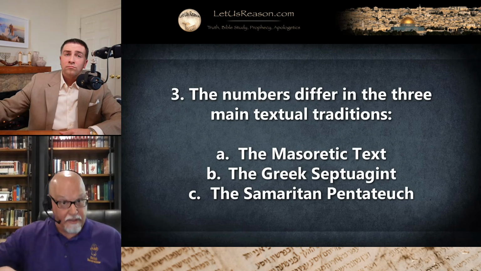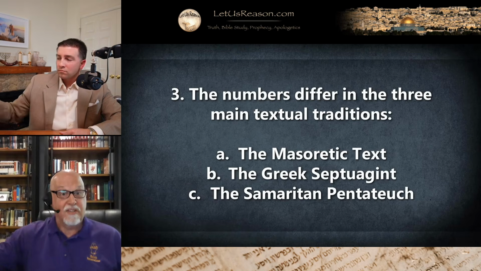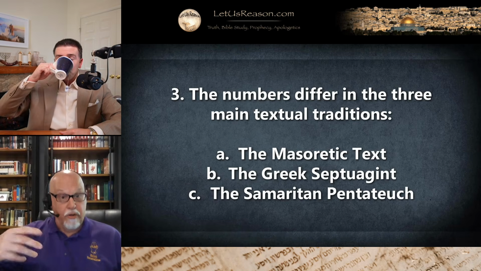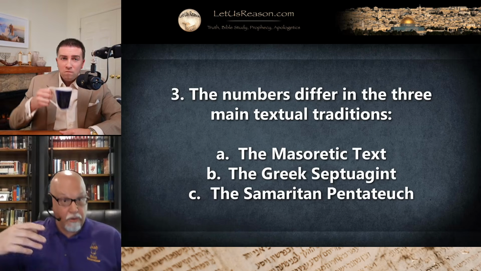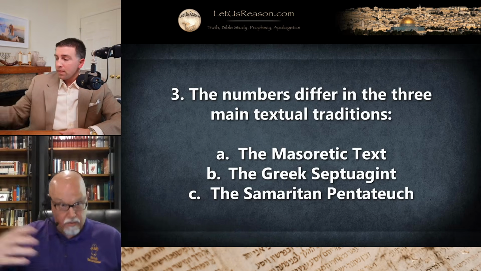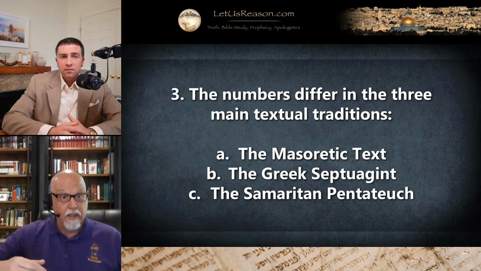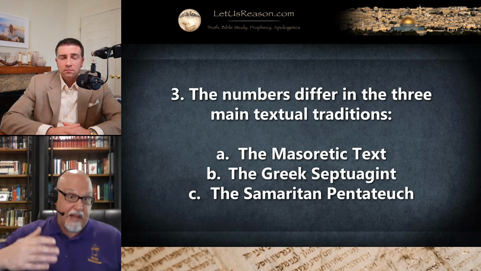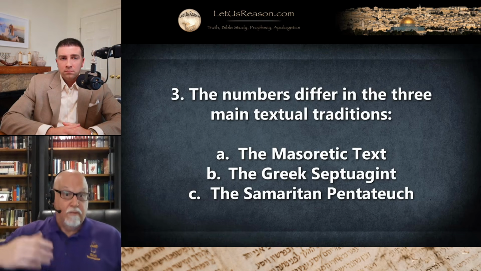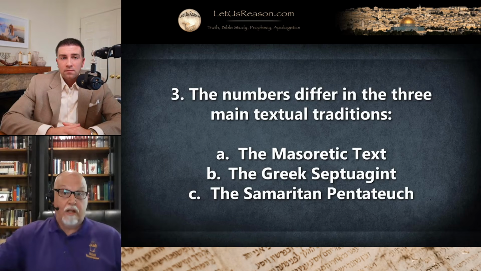If you have evidence that points to that as an explanation, and motivations for doing it, and historical circumstances that would be created for it to occur, then you can make a historical argument that that's an explanation for what happened to the text. And we're going to talk about that.